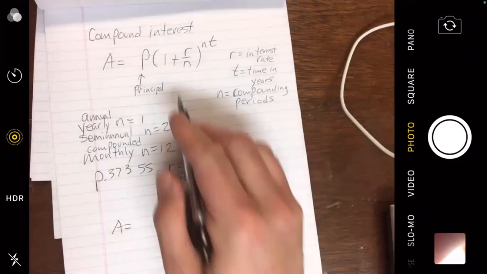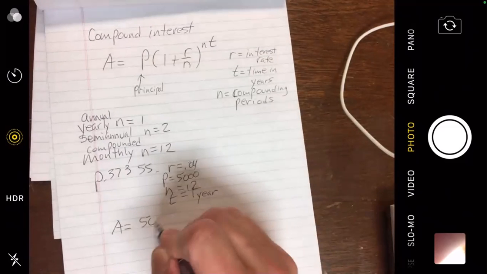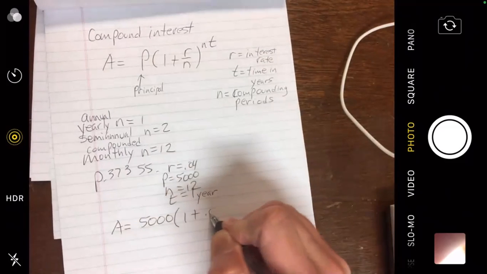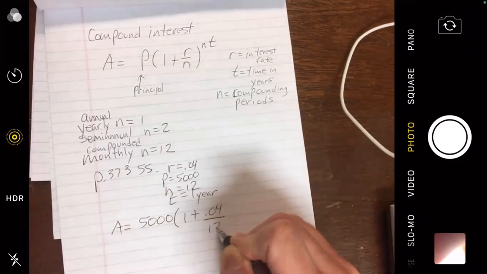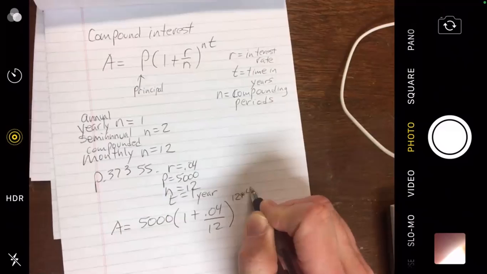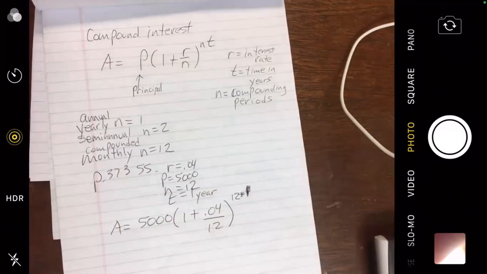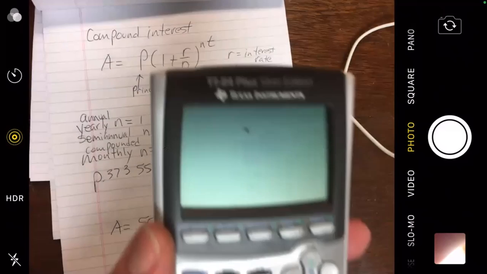All right, so I won't rewrite the formula down here, it's up here. Plug and chug, you have 5,000, 1 plus 0.04 divided by 12 raised to the 12 times 1, actually, times 1 on the first row anyway. So we will punch away.